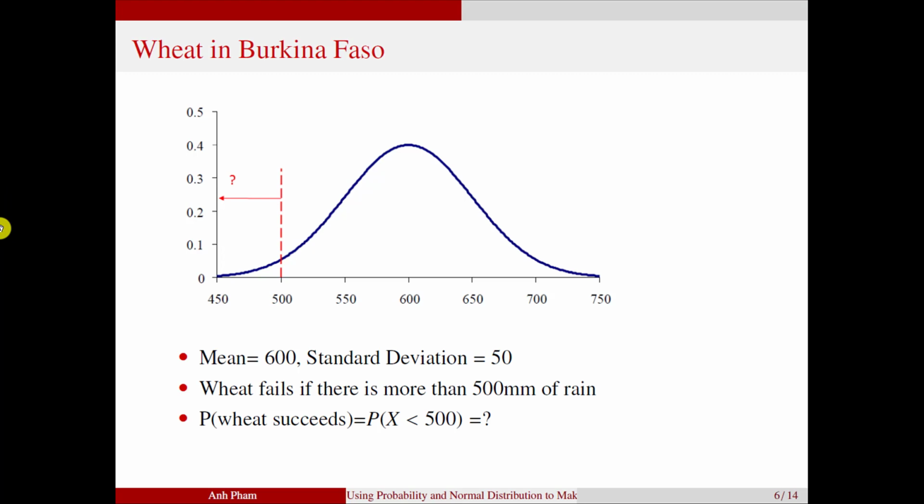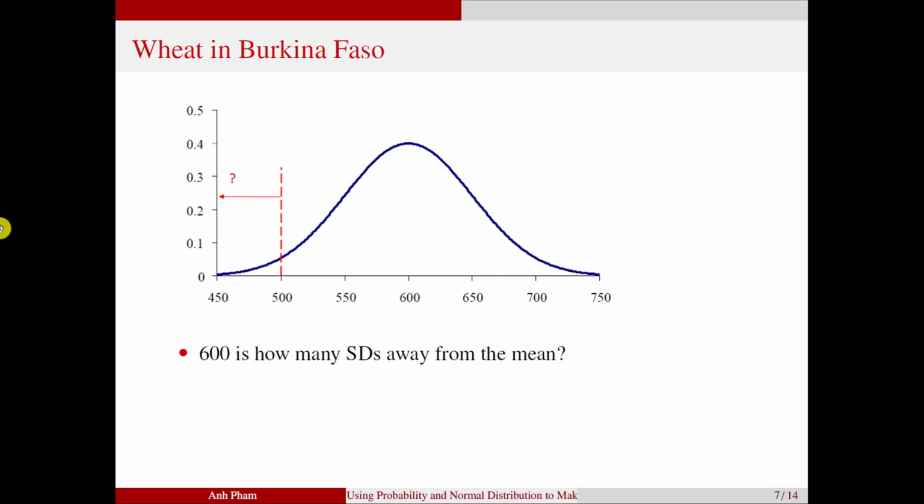And now step 3 is to identify the standard deviations. In other words, we ask: 500 milliliters is how many standard deviations away from the mean of 600 milliliters? So 600 is how many standard deviations away from the mean?